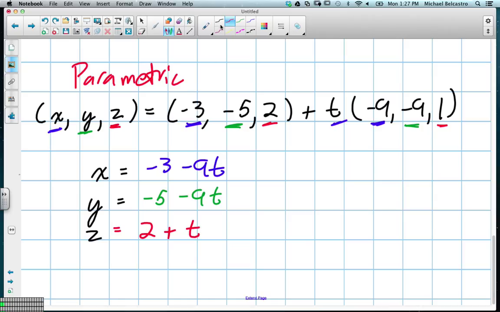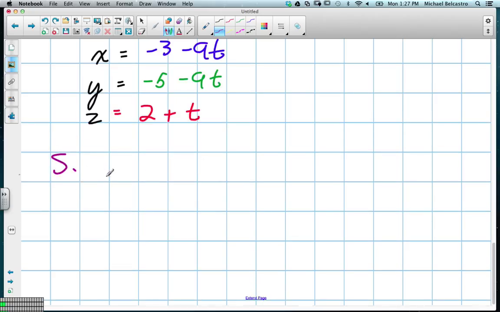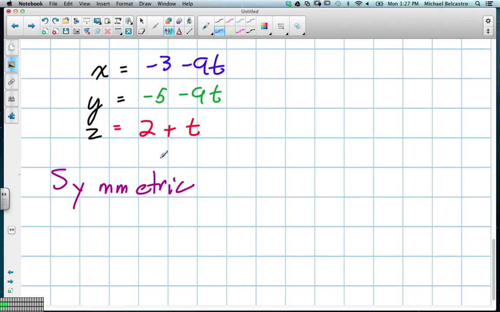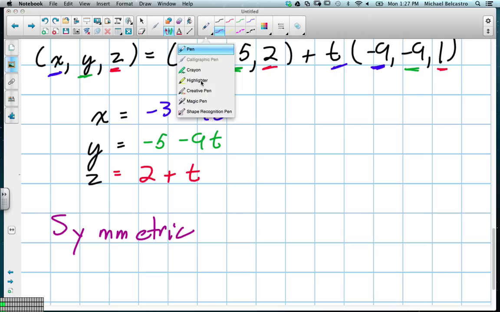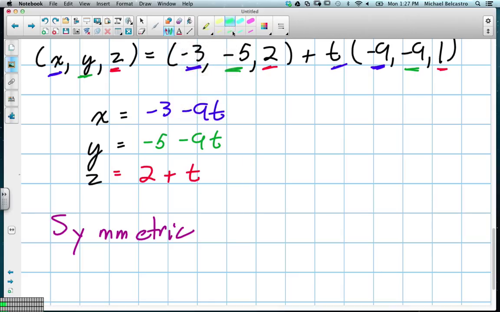And finally, the last form we want to work with is our symmetric form. In symmetric form, it's easiest to go from parametric. We want to set each of our parametric forms equal to the value of t.